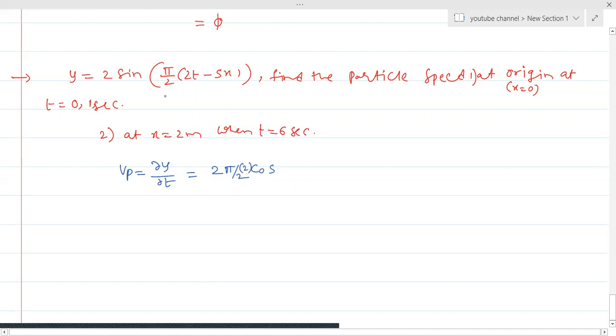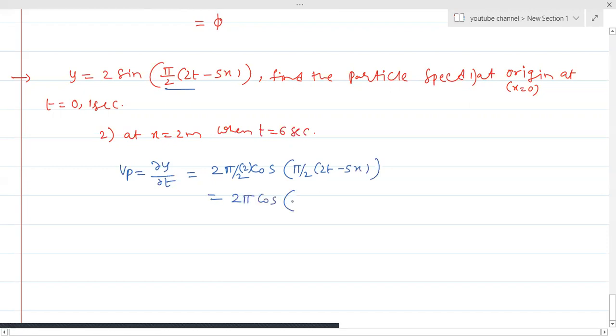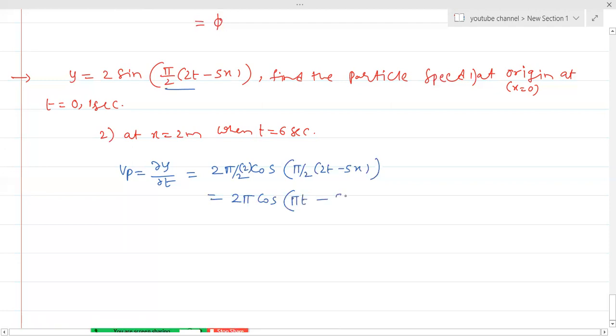So we have another 2. Because after differentiation we will get pi by 2 into 2 outside. And that is cos of pi by 2 into 2t minus 5x. Or simply we will write 2 pi into cos of pi t minus pi by 2 into x.